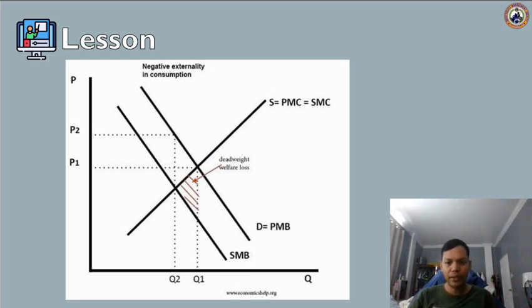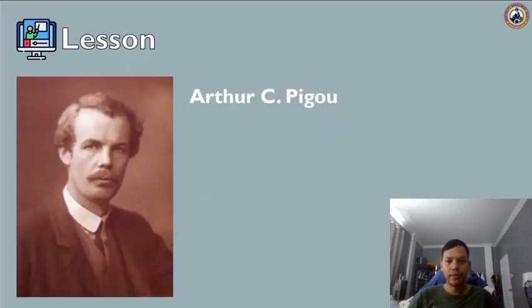Okay, and other examples are drinking alcohol and then driving, which can lead to accidents that hurt innocent bystanders, and playing loud music that annoys your neighbor. So that is an example of negative externality in consumption. Okay, so that is the basics about negative externality in consumption.